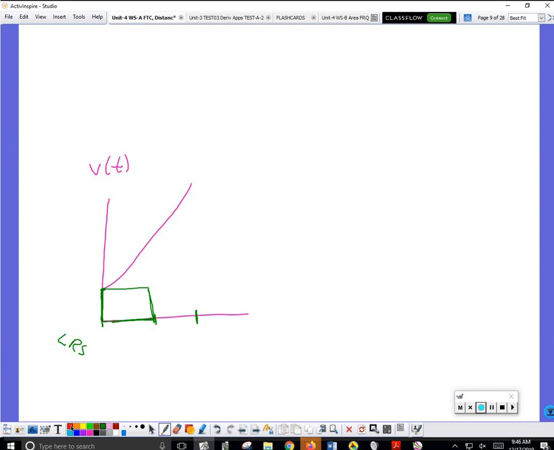If the velocity were decreasing, and we did the same thing, and we do a left Riemann sum, we go to the first subinterval, we pick the velocity on the left. So we're finding this area.